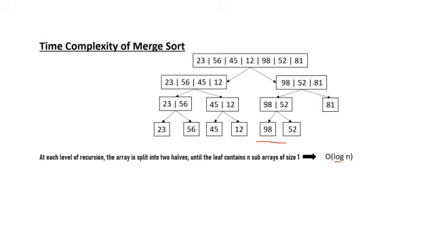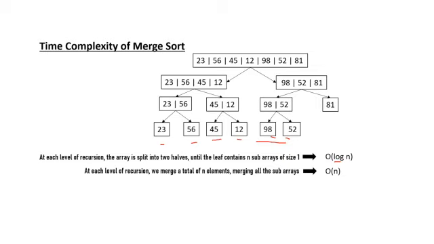And we have another part of this merge sort algorithm where at each level of recursion, we merge a total of n elements. When we merge all the sub-arrays, we actually merge a total of n elements in each level of recursion. So that is accomplished in O(n) time.